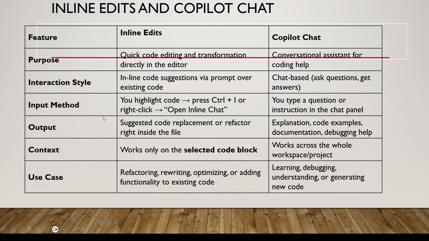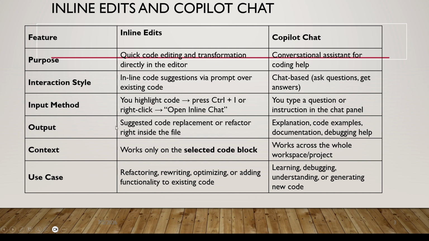Input method: as I mentioned in the demo earlier, we use Control I to open inline chat, or right click and then open inline chat. Whereas in Copilot chat, we have a separate window where we can ask questions on the chat panel.